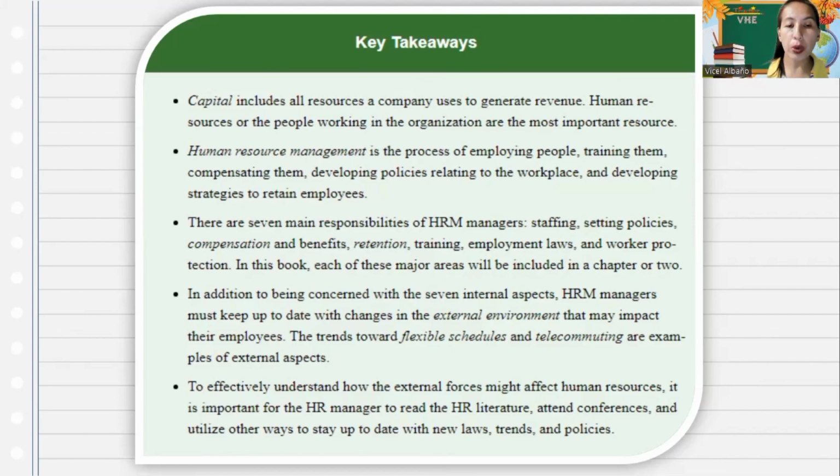The trends toward flexible schedules and telecommuting are examples of external aspects. To effectively understand how external forces might affect human resources, it is important for the HR manager to read the HR literature, attend conferences, and utilize other ways to stay updated with laws and trends of the policies.